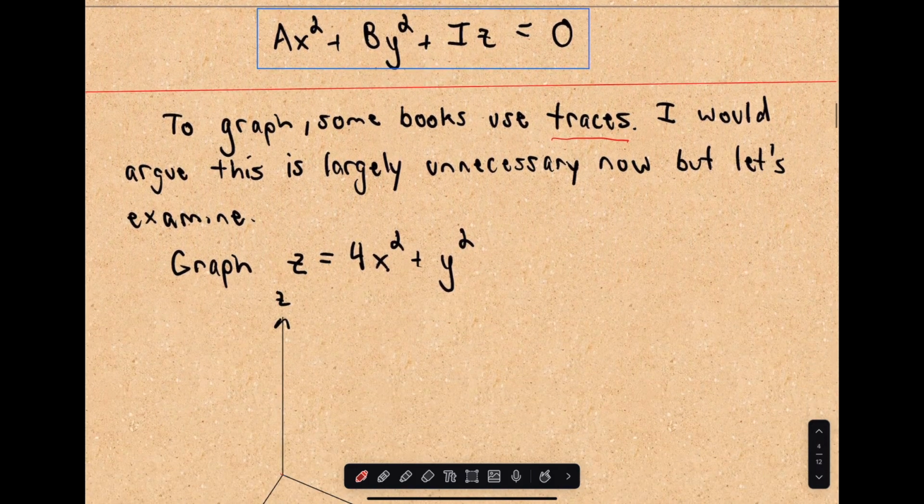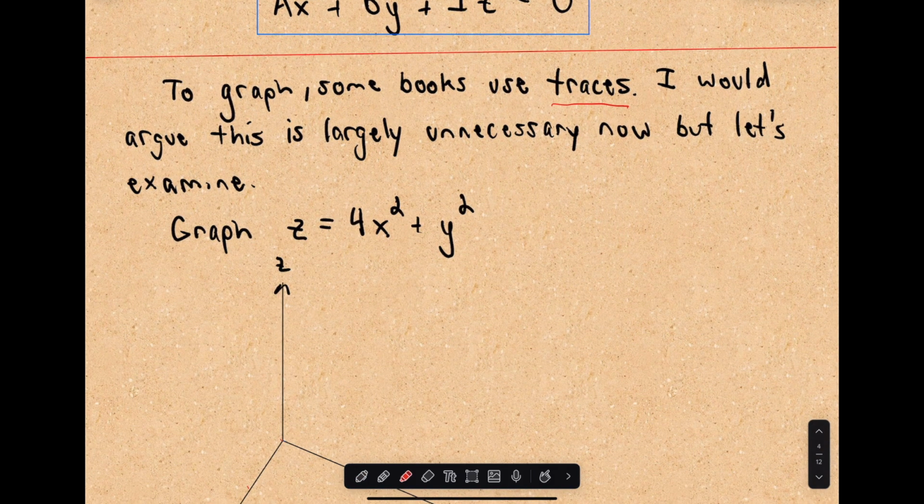Okay, so some books use what are known as traces to help produce these three-dimensional graphs. The idea is you're taking a bunch of 2D graphs and combining all of those 2D graphs into a three-dimensional object.